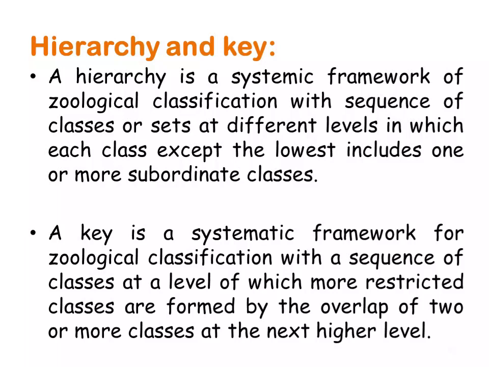Because a key involves no principle of priority and has a purely arbitrary conventional sequence, keys are universally considered artificial. A hierarchy does involve a principle of priority, and to the extent that these principles are derived from natural relationships among organisms, hierarchic classification is natural.